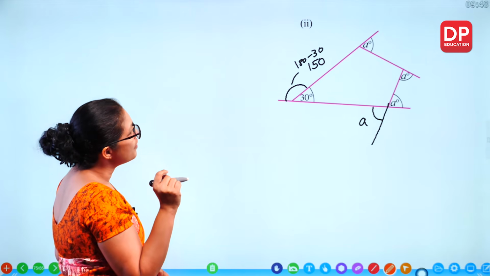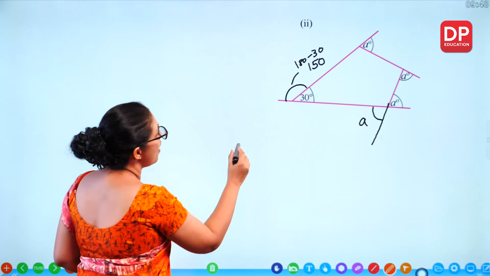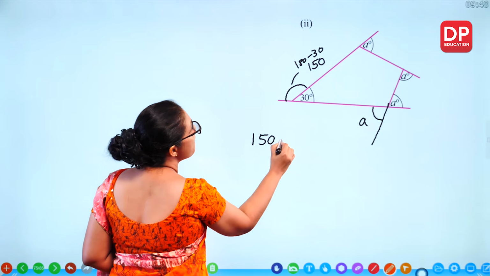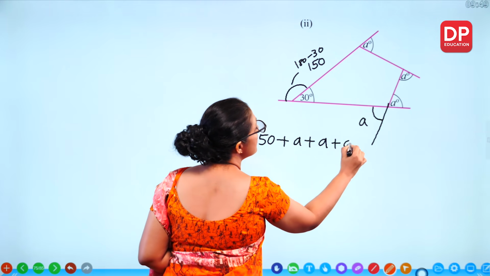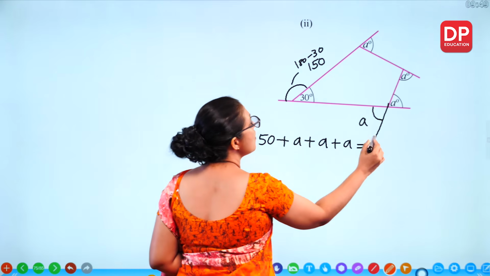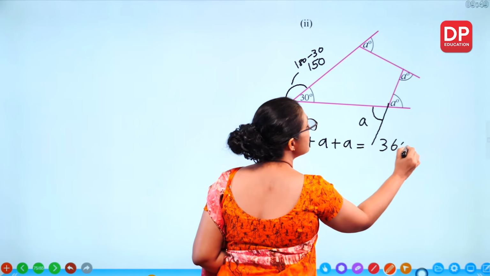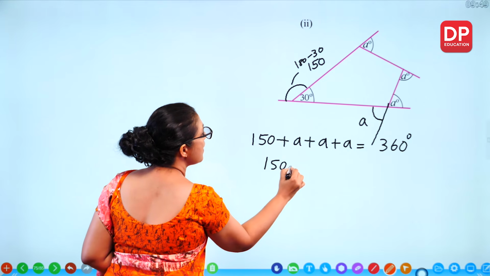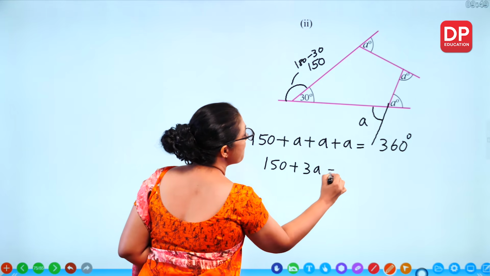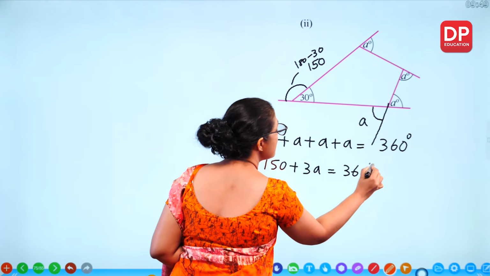Add up to 360. So 150 plus A plus A plus another A is equal to 360 degrees. So 150 plus 3A is 360.